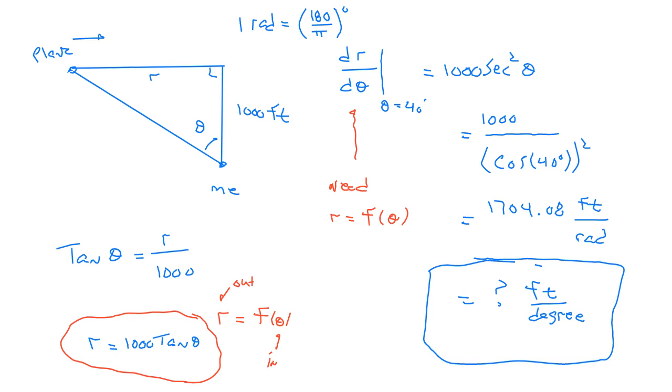Okay, but there's your conversion. So if you take this number, 1704.08, and you divide it by 180 over pi, that will convert it, and you'll get about 29.9 feet per degree. So that means that if this angle changes by a degree, then that plane will get about 29 feet closer.